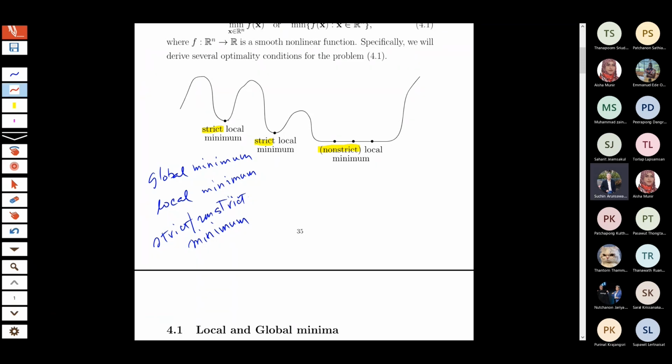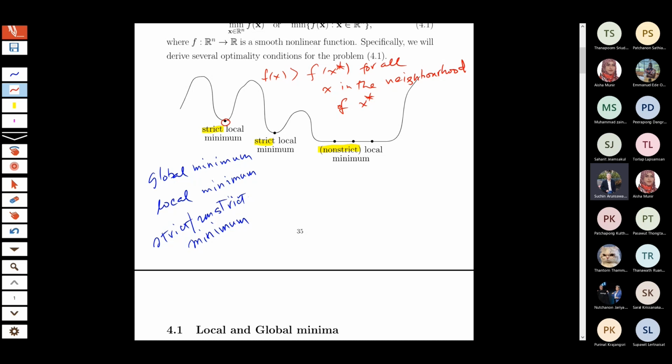So strict means f(x) is greater than f(x*), where x* is a minimum, for all x in the neighborhood of x*.